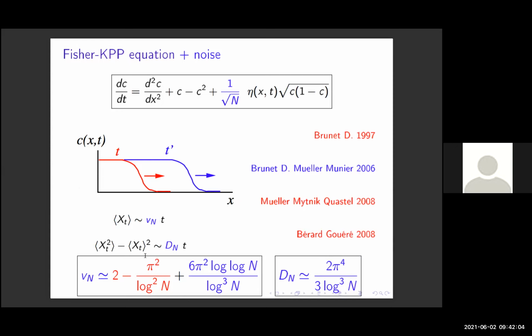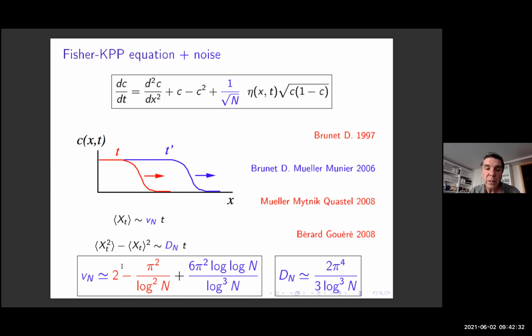There is this pi squared over log squared N, and then there is an additional term also due to the noise, which seems to be universal, which is log log N over log cubed N. The red part was predicted or conjectured in a work with Eric Brunet in 1997.